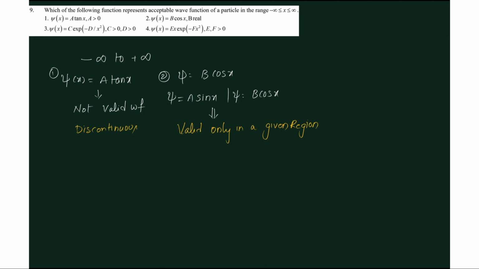The reason is, whenever you take a 1D box, you take the boundaries as 0 to a, or sometimes minus a to plus a, something like this. For this only we have the solution sine or cos.